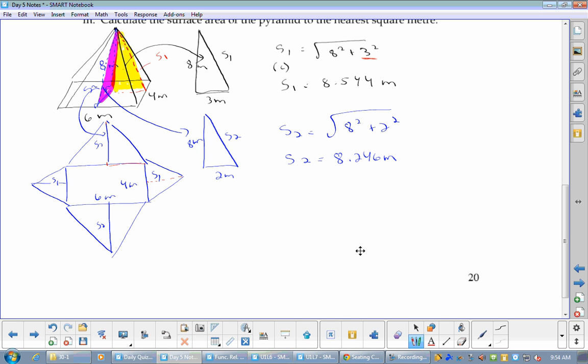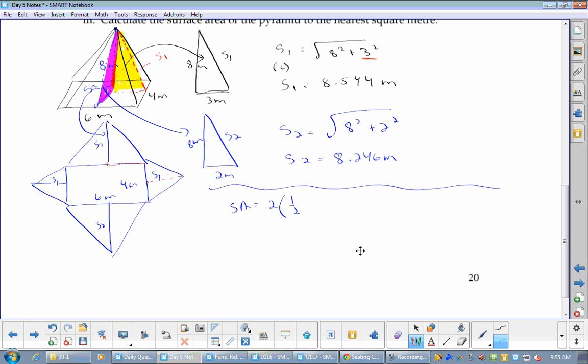So surface area equals 2 times 1/2 times, say we're doing the front and back right now. I'll just write that above it.